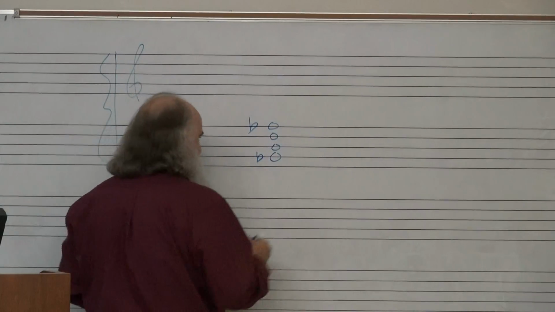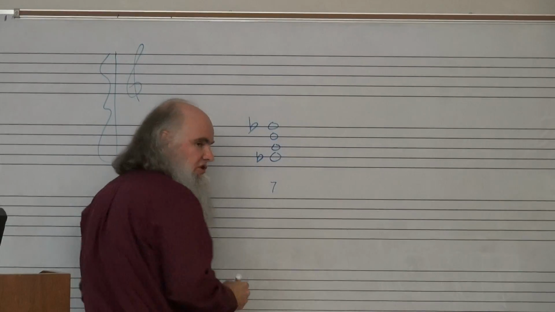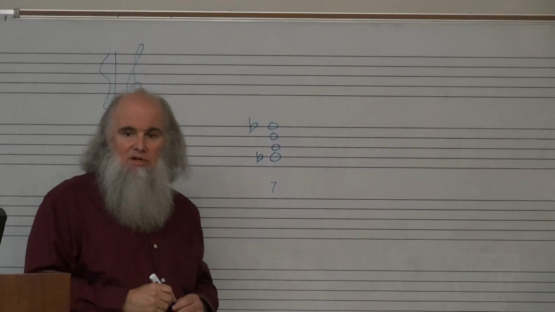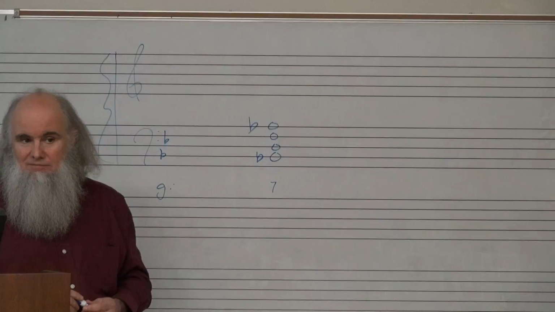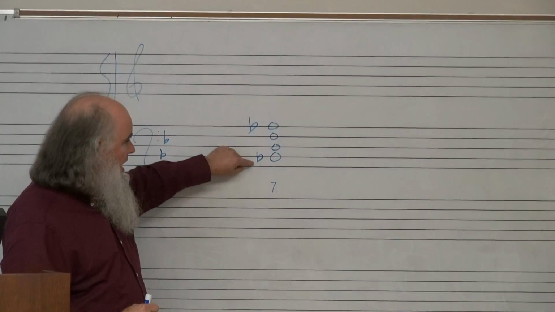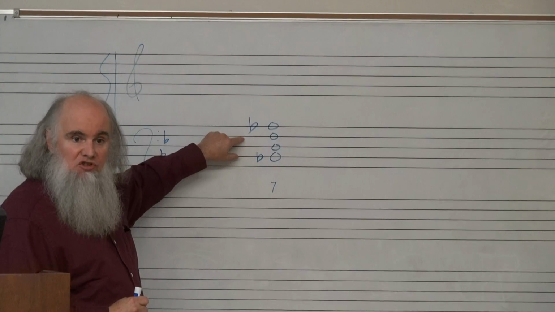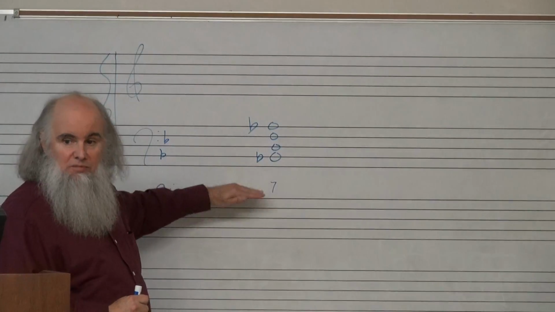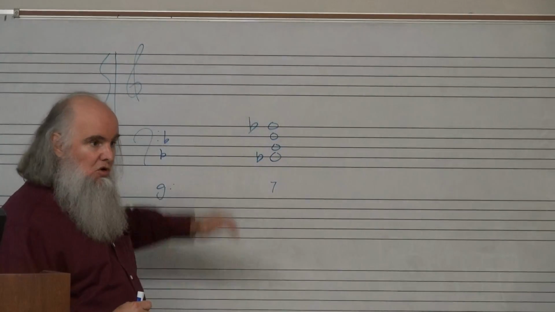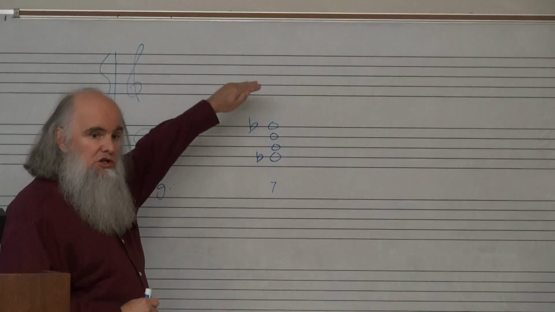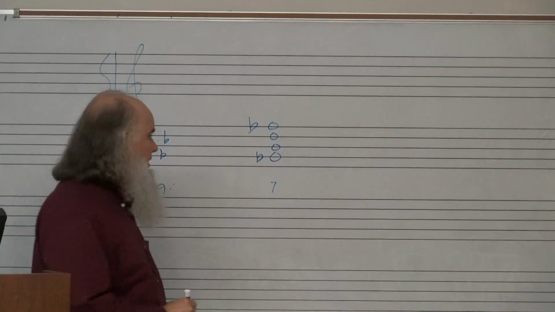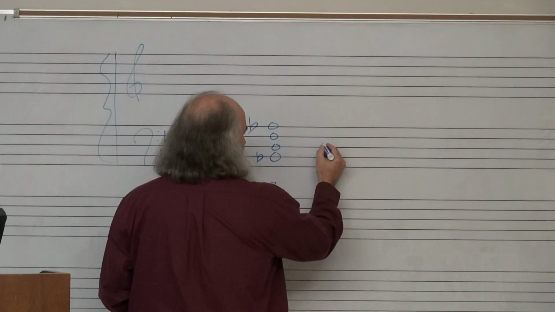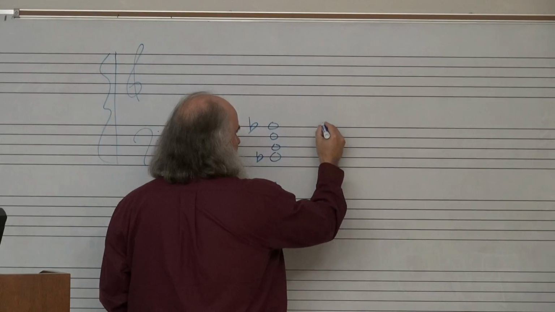And how do we show a 7? Oh, there's a trick question if I ever saw one. You write 7 down, okay? And notice the triad part is assumed because the system is based on tertian stacked third chords. You're showing the unusual pitch, the 7th. Now, if we invert the chord, I'll do them all in close position.